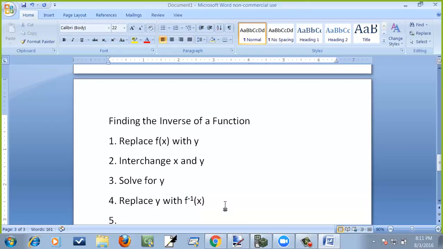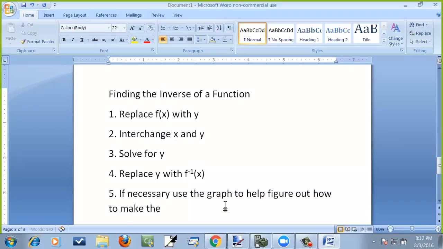And step 5, if necessary, use the graph to help figure out how to make the inverse function 1-to-1. Now specifically when you say that, that means you end up with one of those items we said you cannot have. You can't have x to an even power, y to an even power, absolute value of x, absolute value of y, or plus or minus.